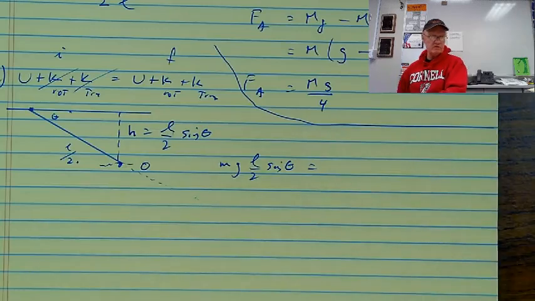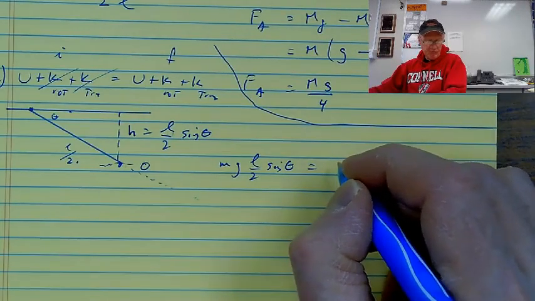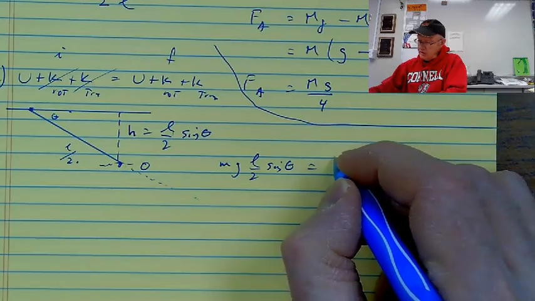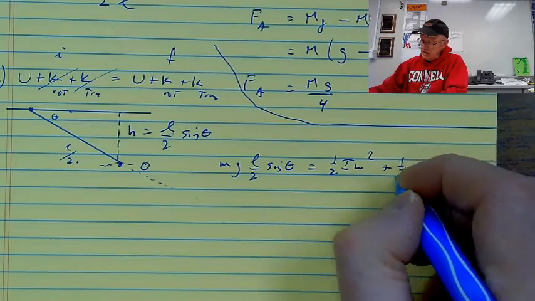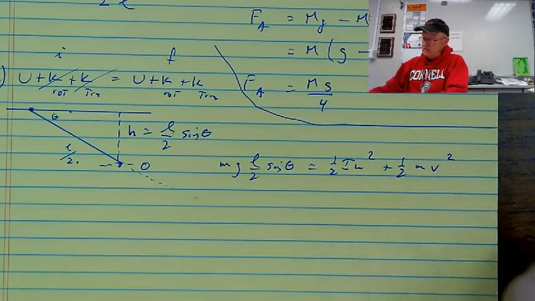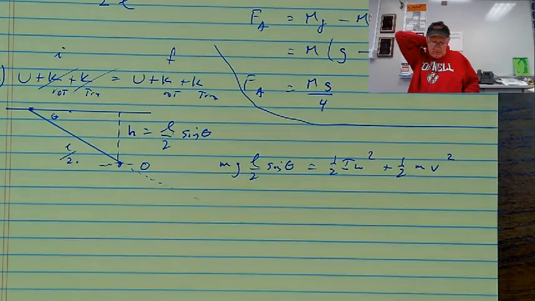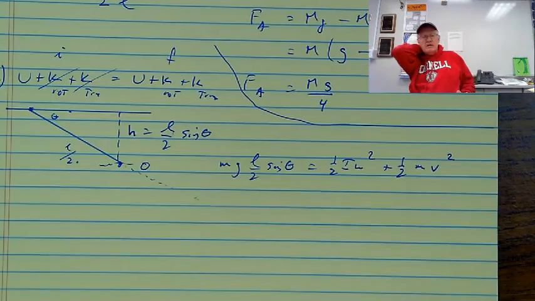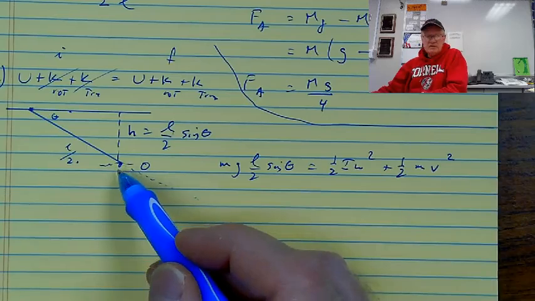But wait a minute, let me explain something. In the long run, we're going to make a decision that this thing is only rotating. It is not translating. In the instant, I agree this thing is pivoting, but the center of mass is regarded as not moving anywhere. If I just built this object in a lab, it would sit there and oscillate, but we don't regard the center of mass as going anywhere.